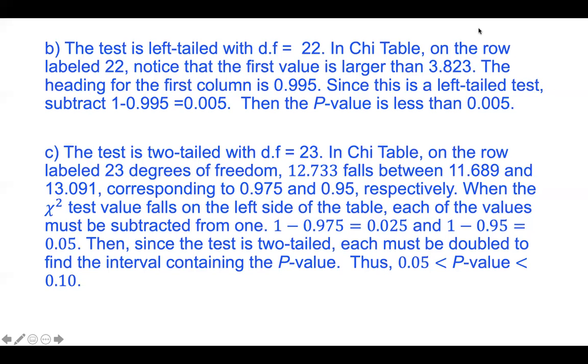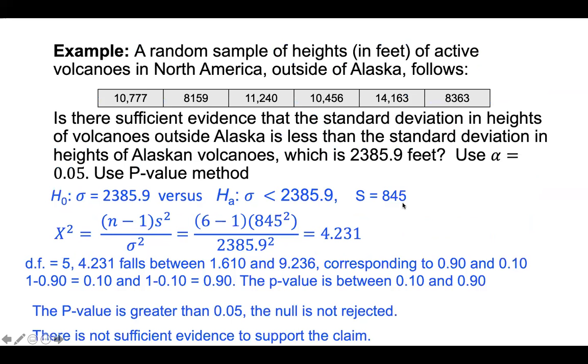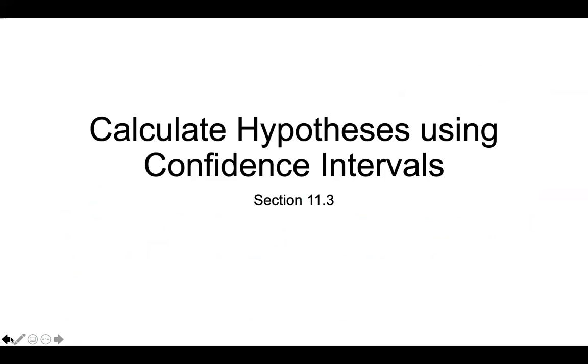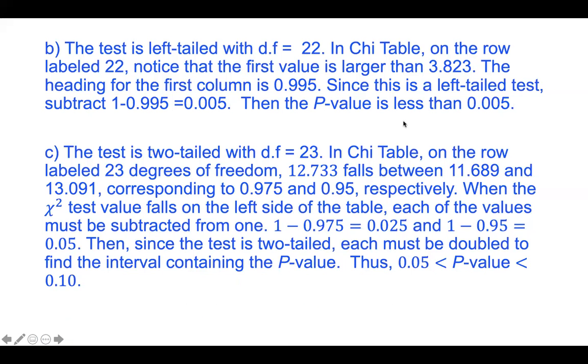So that's what it's saying here. Really sorry for flipping back and forth. When it falls on the left side of the table, each of the values must be subtracted. So it's 1 minus 0.975, which is 0.025, and the other is 1 minus 0.95, which is 0.05.